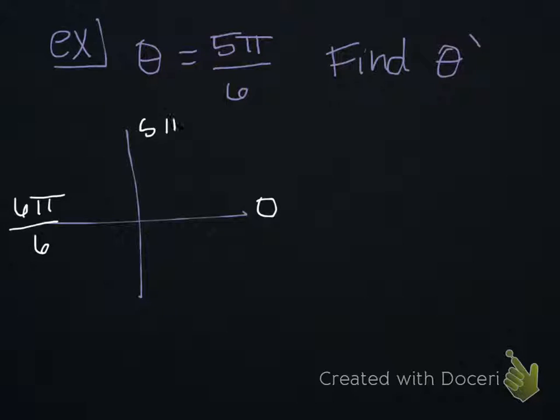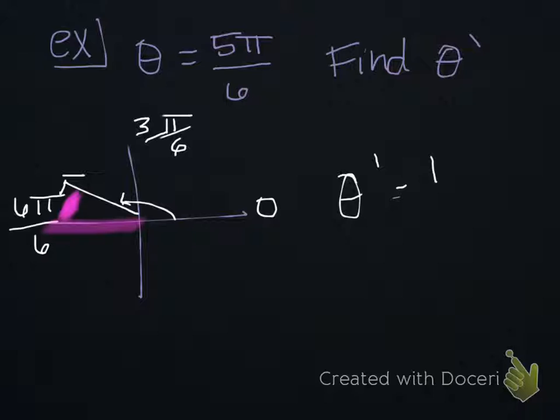This is 3 pi over 6. So between 3 and 6, we know 5 would fall a little bit closer to the 6. And I'm looking for this distance right here. If I'm at 5 pi over 6, I only need 1 more pi over 6 to get me to that x-axis. So our reference angle is 1 pi over 6.